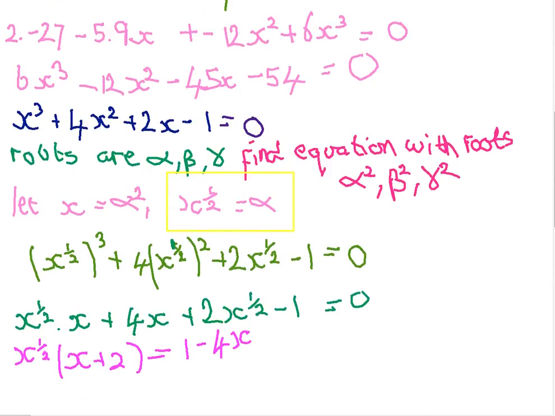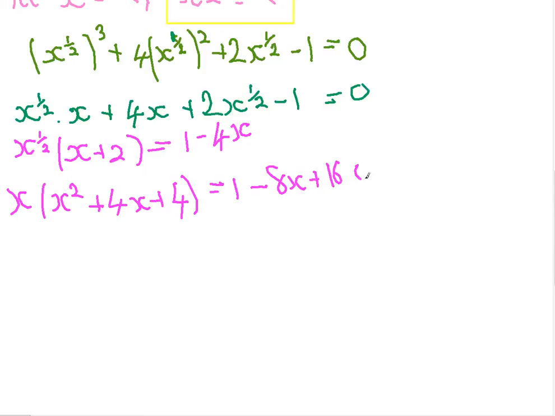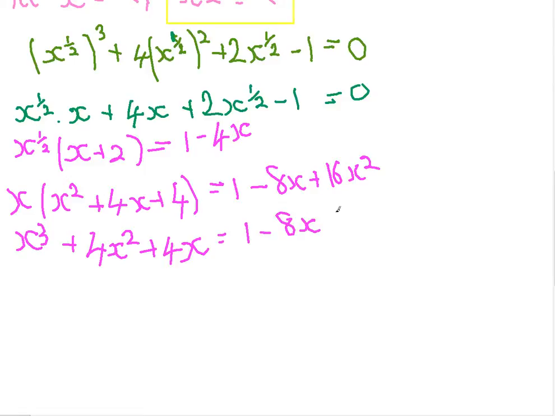Square both sides and we'll get x into x squared plus 4x plus 4 equals 1 minus 8x plus 16x squared, so x cubed plus 4x squared plus 4x equals 1 minus 8x plus 16x squared.